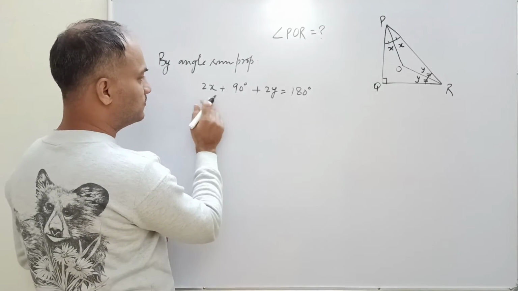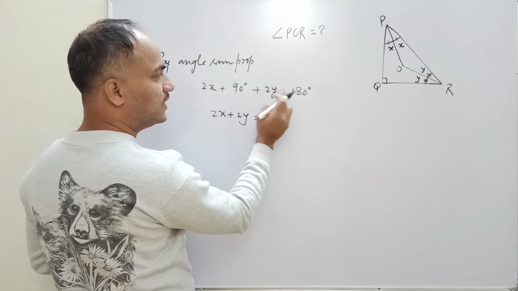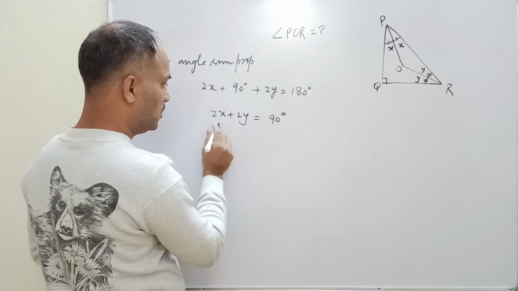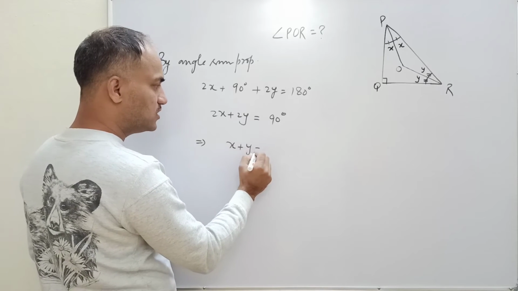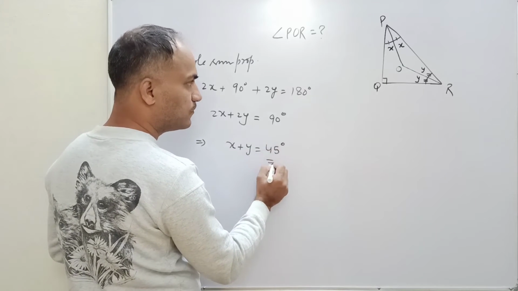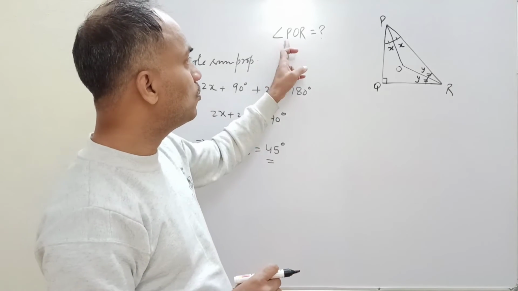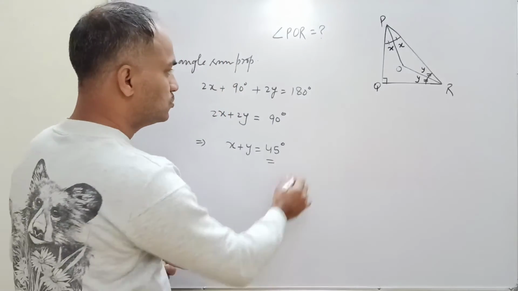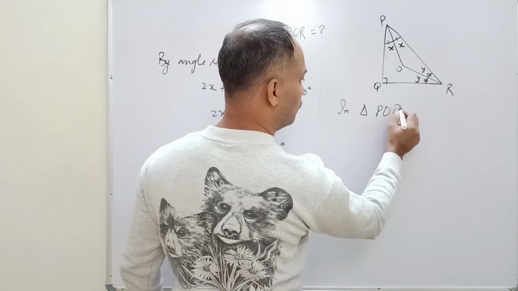So from here 2x plus 2y is equal to 180 minus 90, which is 90 degrees. On dividing by 2, we get x plus y is equal to 45. Okay. Now we need to find POR. So we have to come to triangle POR. So in triangle POR we are talking.